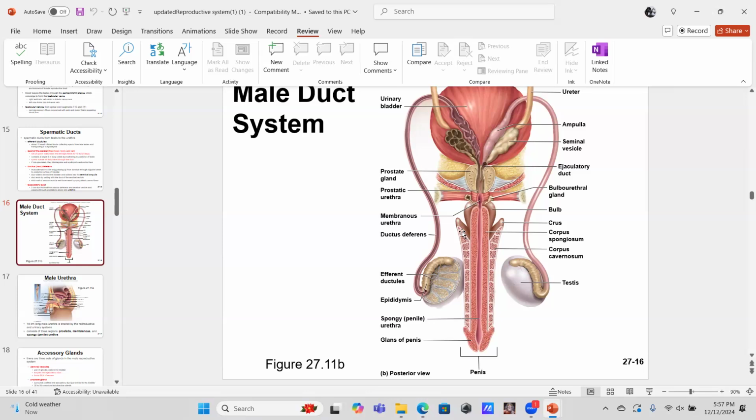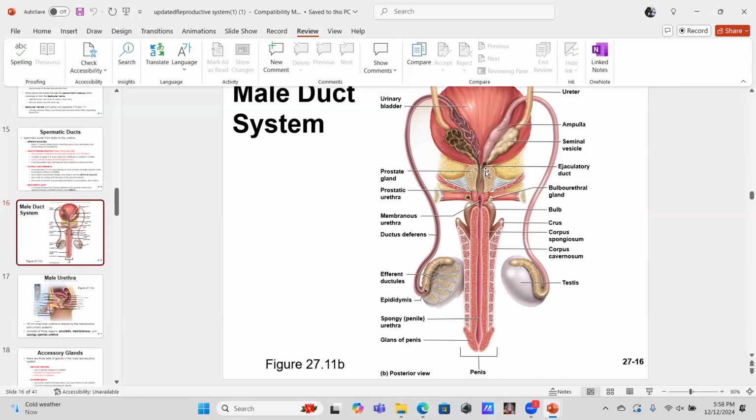Now, the real reason why we have so much erectile tissue is for the process of having an erection. Once we have ejaculation, all of the sperm goes up from the epididymis, into the vas deferens, then it's brought into the ejaculatory duct where all that sperm gets mixed in with seminal fluid.